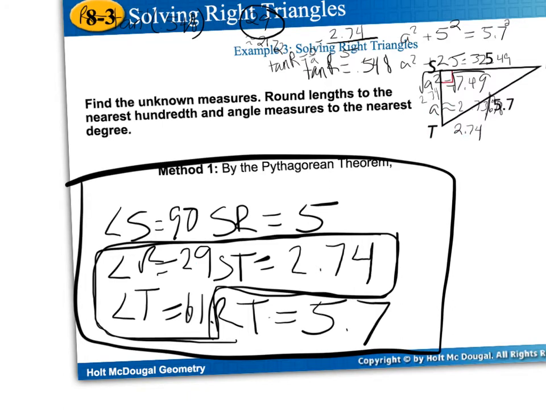The other method, this is the method that I'm going to suggest we use, because this was the way easier way to find the side length, using the Pythagorean theorem. The other way that we could have done this is with all of our sine and cosine.